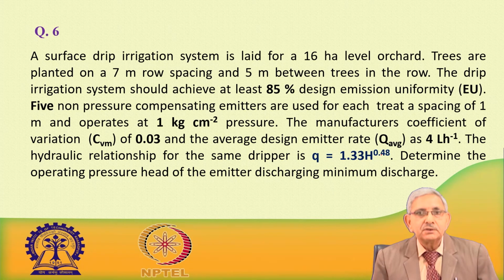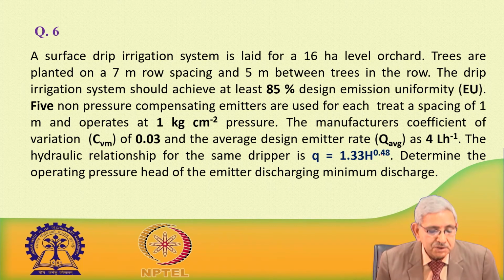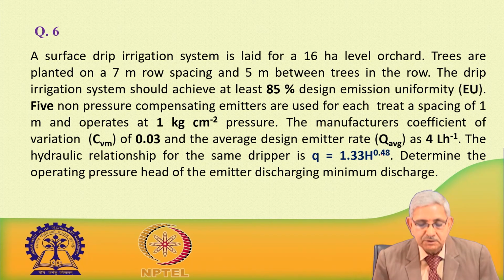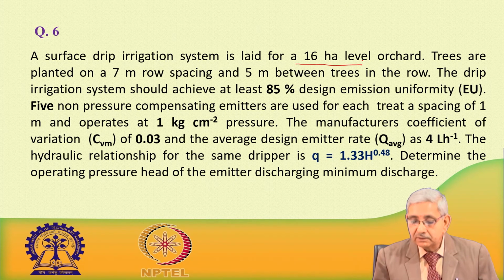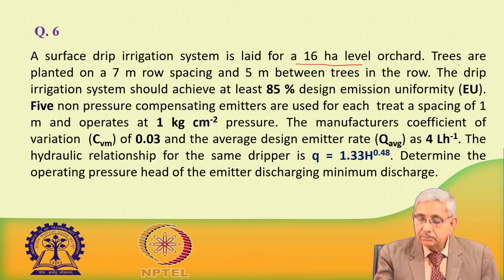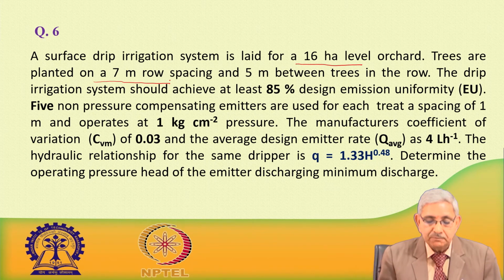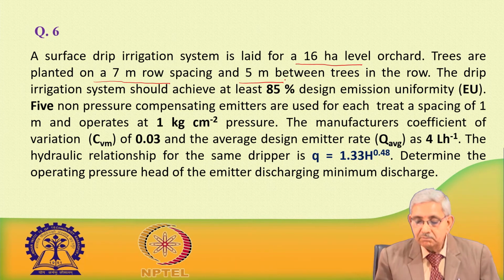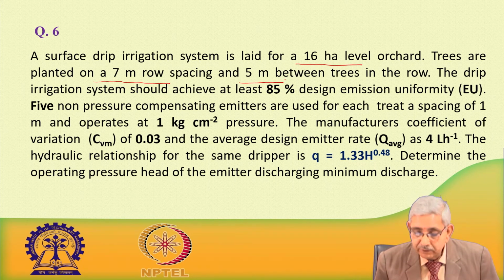Question 6, let us read this particular question. A surface drip system is laid on a 16 hectare level orchard field. Trees are planted at 7 meter plant spacing and 5 meter row spacing.